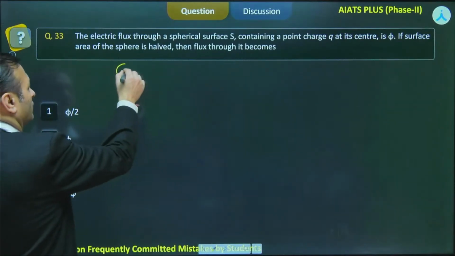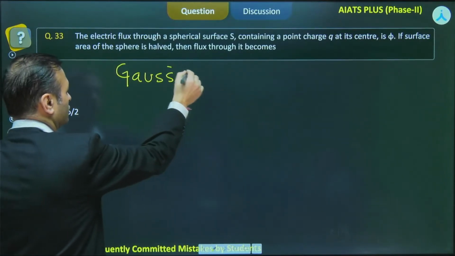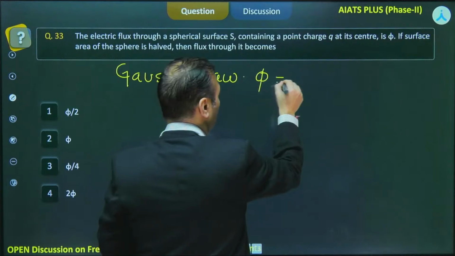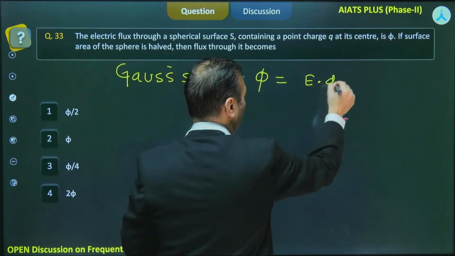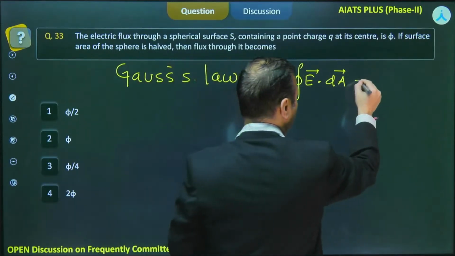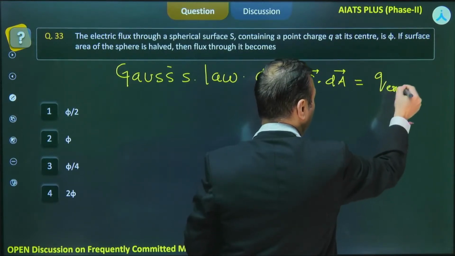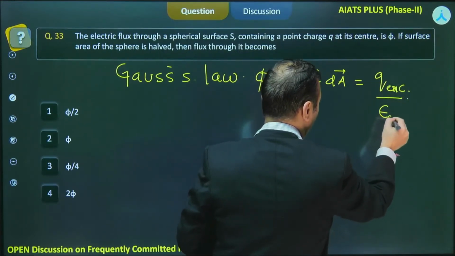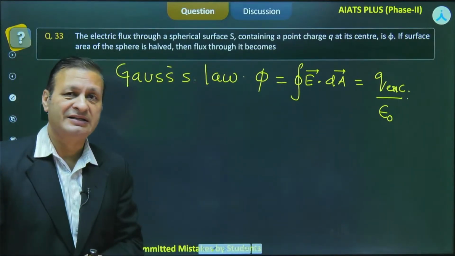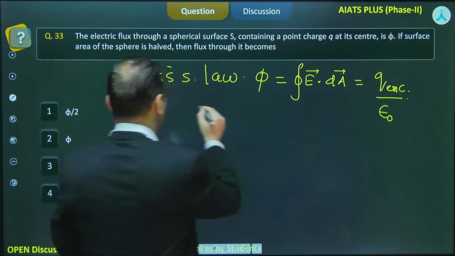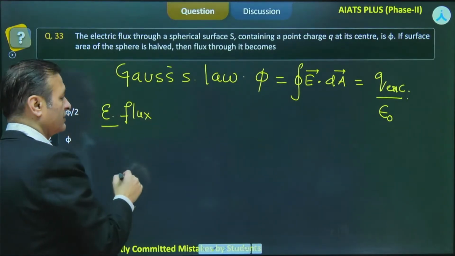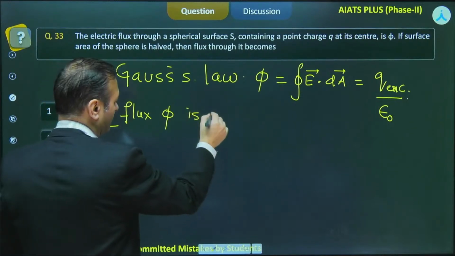So as per Gauss's law, the total flux through a closed surface, that is the closed integral of E dot dA, is basically the charge enclosed within the Gaussian surface per unit epsilon naught. So this Gauss's law clearly states this flux, I am talking about electric flux, so let's put it as electric flux phi.